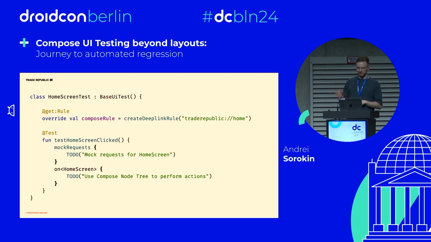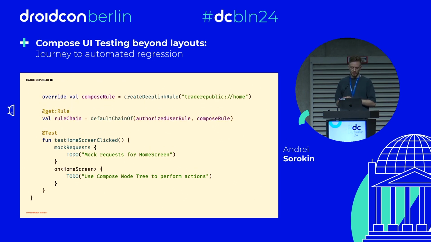By the end of the talk, we would create this API so that it would actually work. And then here you can define your deep link. So you can open any screen that already has a deep link. And if it doesn't, then maybe it makes sense to create one, or you can pick the closest one to it. And essentially, you might have more rules because you need to set up your authorization data. Maybe you use a common screen that is used across the app.